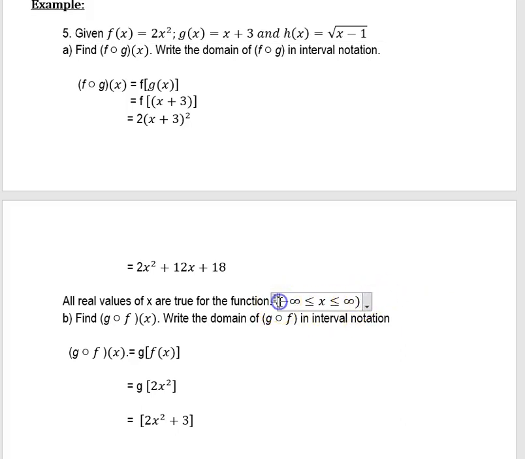It means any of our real values will work to give us a true value.